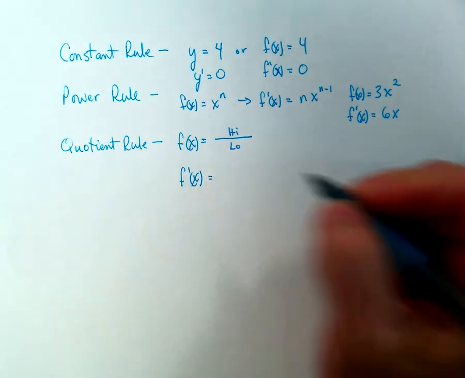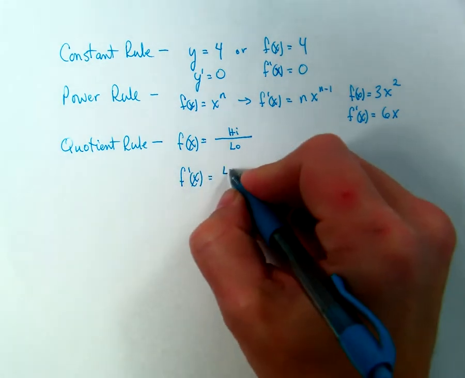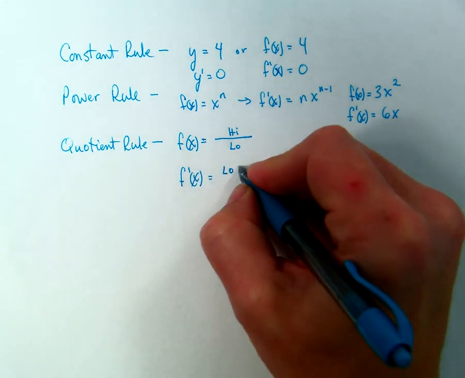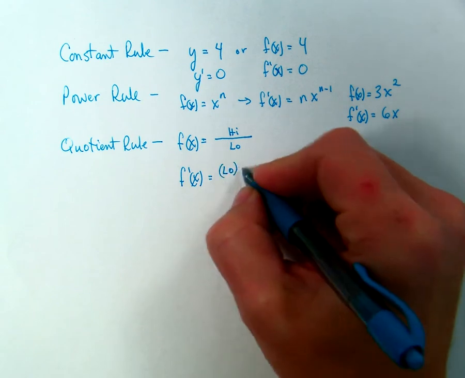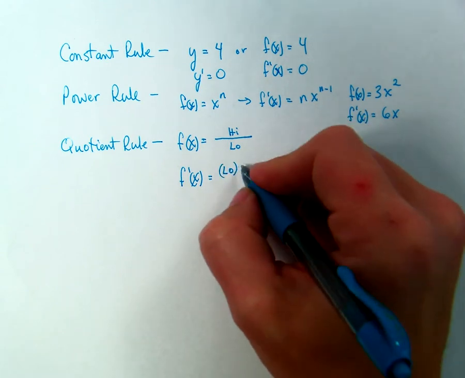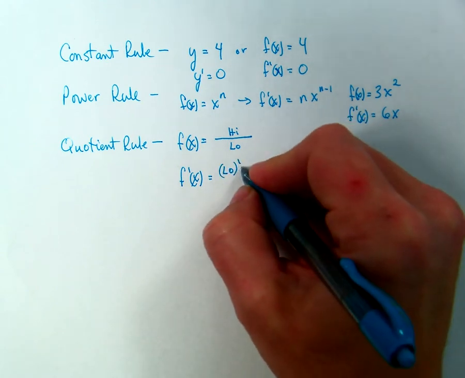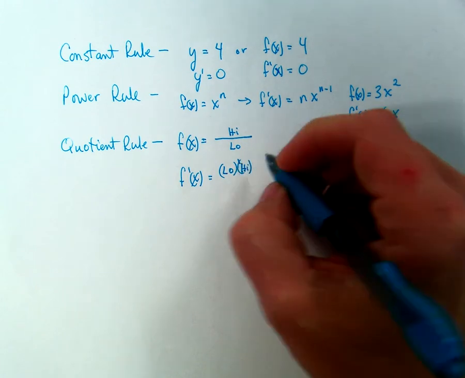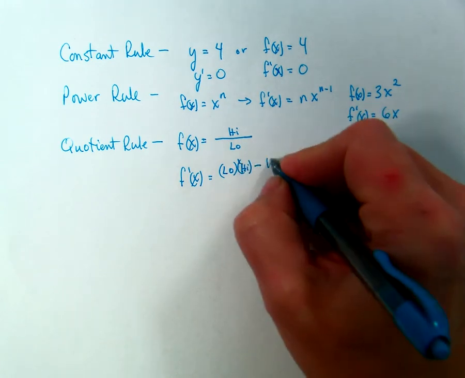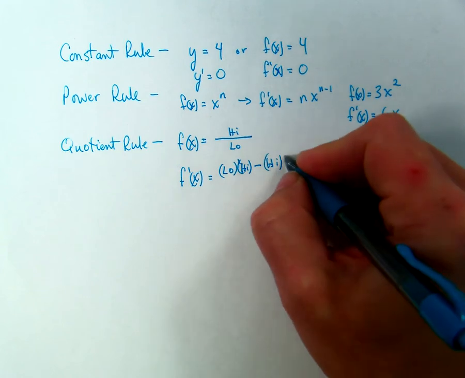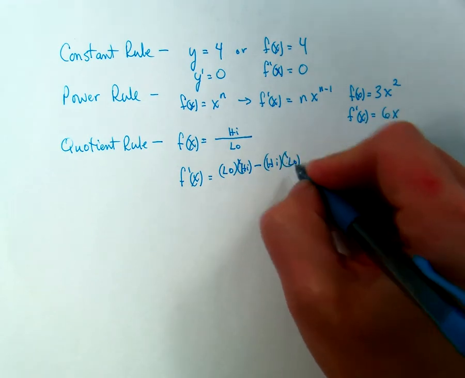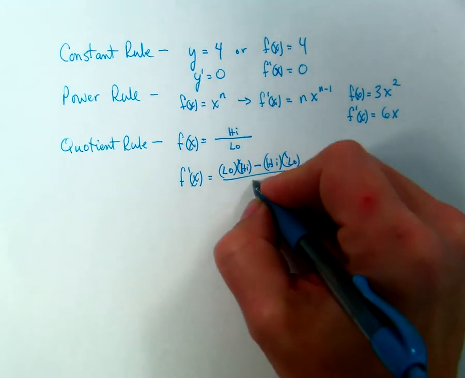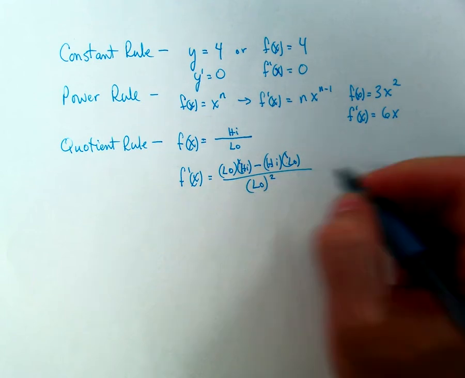The derivative will be low times the derivative of high, minus high times the derivative of the low, all over low squared.